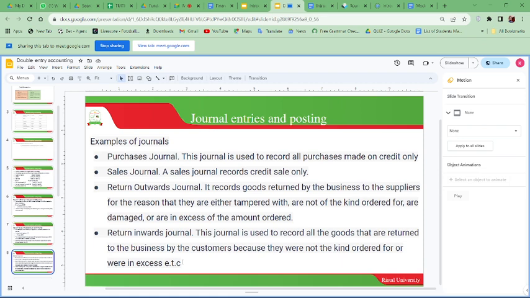Then when they realize that those goods may be damaged, or they are in excess of the amount ordered, or they are not the kind of goods that they want, or they are expired, they may decide to bring those goods back to the company. So when they bring those goods back, you record it under return inwards journal.